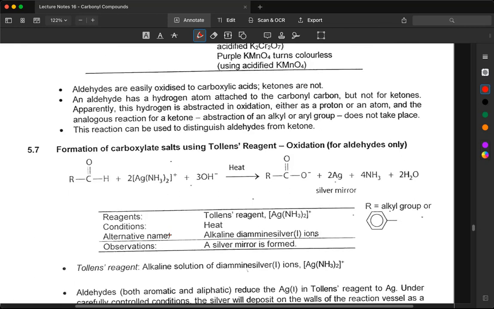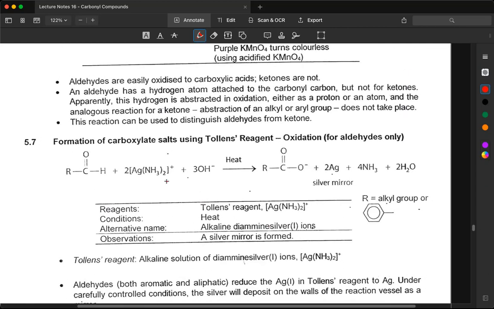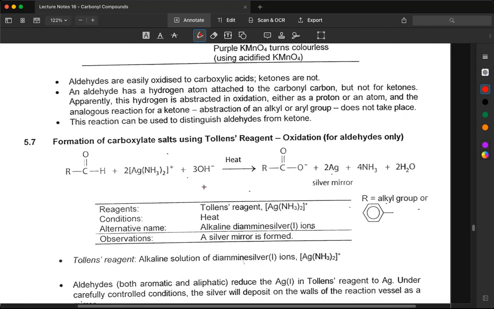Another reagent you can use is called Tollens reagent. This is the chemical formula. It's actually a silver diamine complex. Yeah, diamine silver ions. Okay, so during the reaction, it has to be alkaline. And what happened is that silver is formed as a product. We call that silver mirror. Reflective.